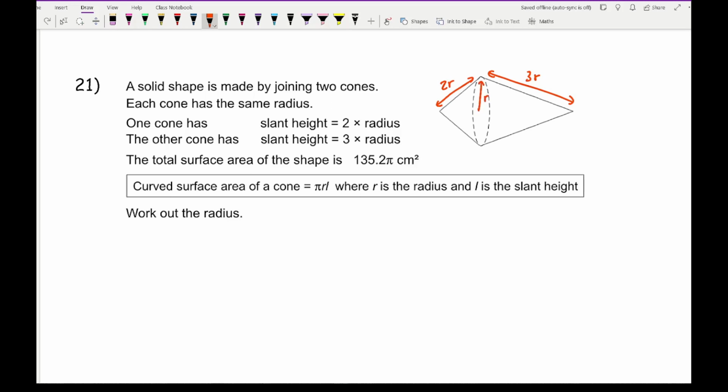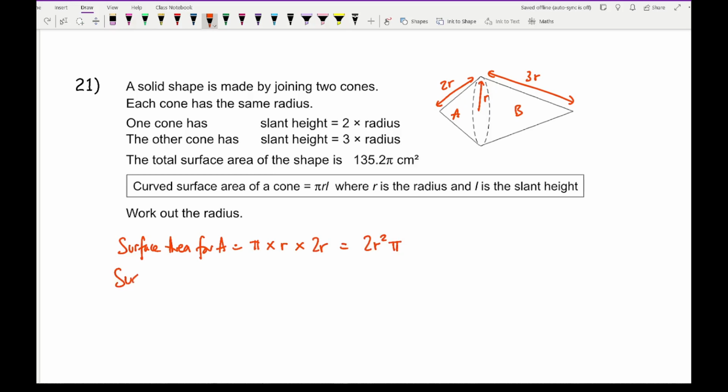So looking at the total surface area, if I call this A and this B, the surface area for A, using this formula, is going to be pi times the radius, which is r, times the slanted length, which is 2r, giving me a total of 2r squared pi.